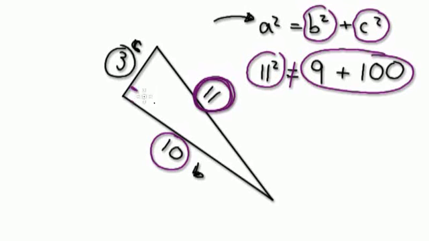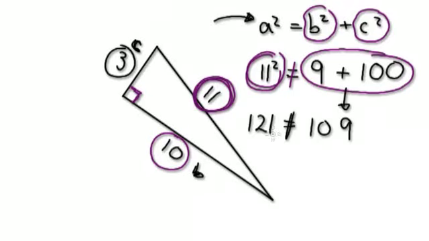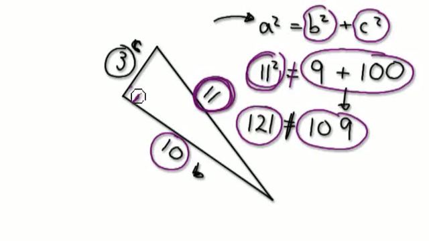So it can only be a right angle triangle if 11 squared, which is 121, equals this side here. Well, let's work this out. This will become 109, and you can see the two sides aren't equal. This is 121. This is 109. So you know that this is not a right angle triangle.